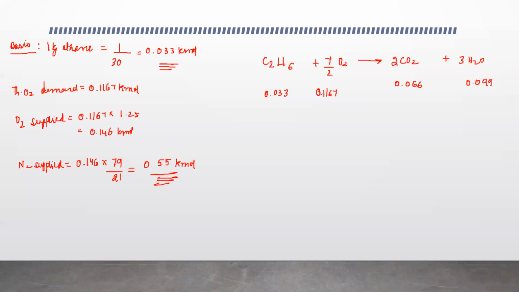Now, the oxygen that is theoretically demanded was 0.1167, and that is also equal to the oxygen consumed. So oxygen in the flue gas is 0.146, the oxygen supplied, minus the oxygen consumed.